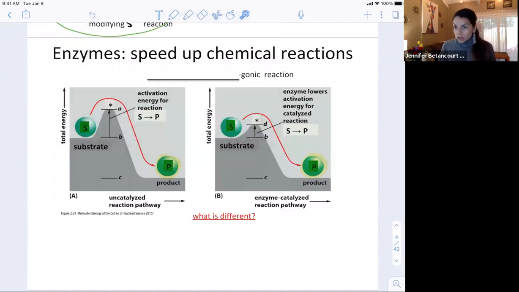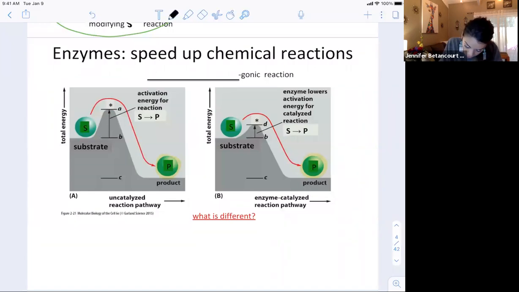So that requires energy, energy for everything. Right? So you're actually using some of the energy so that this substrate can reach this thing called the transition state. So this right here is the activation energy, the energy needed to get S to this transition state.